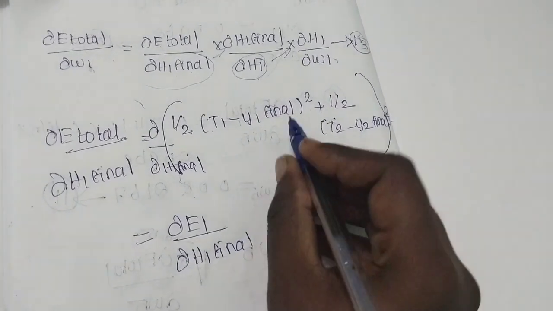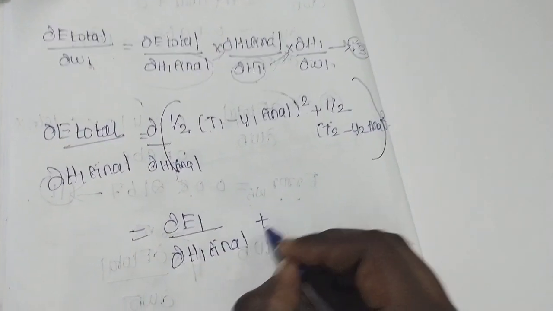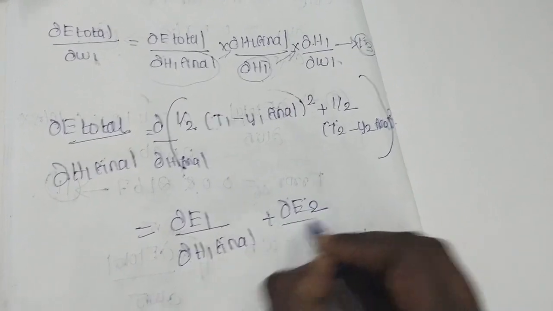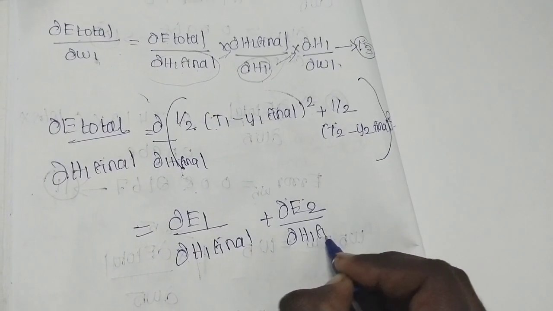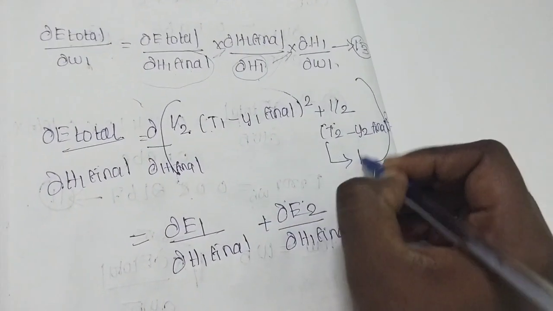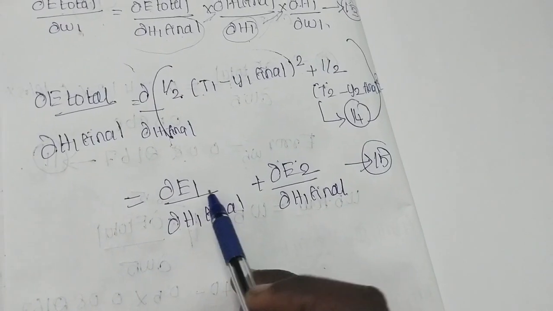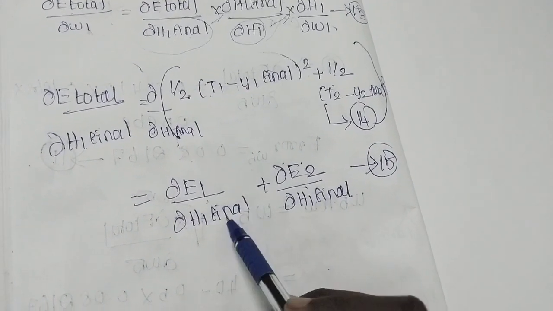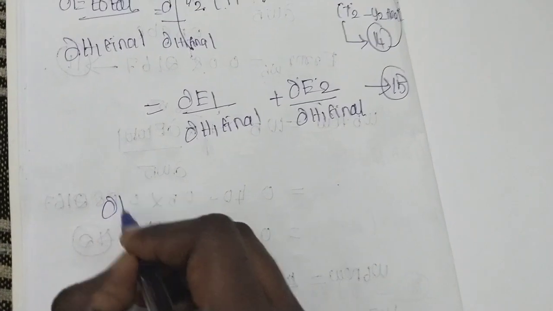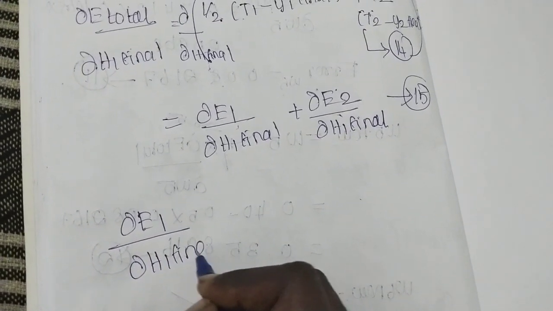I am expanding, just representing, this is equation E1 and this is E2, that is ∂E2/∂H1 final. So this is equation number 14 and this is equation number 15. Now I find the value of each one separately.